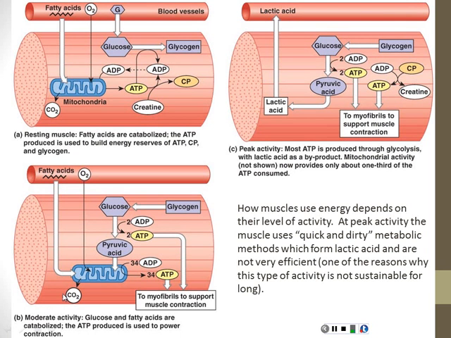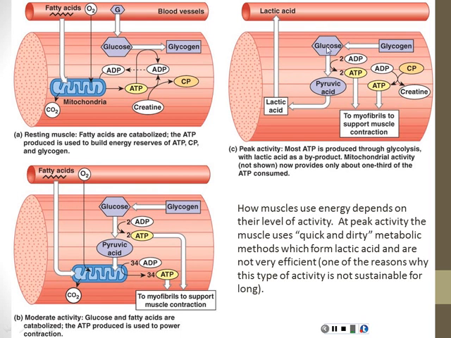However, if the amount of muscle activity exceeds the amount of oxygen that can be supplied, then we get into anaerobic metabolism. So this is aerobic over here, where we see the mitochondria being used. This is anaerobic. See how there's no mitochondria there?